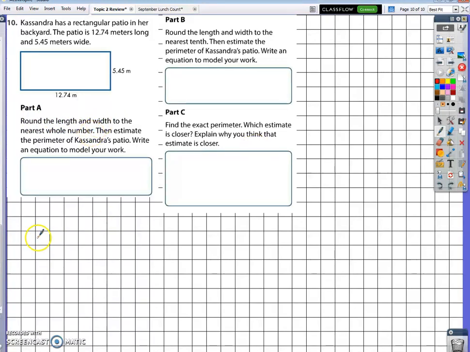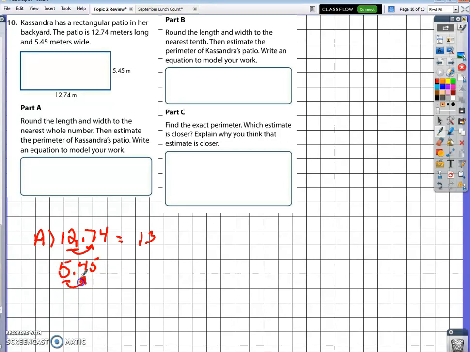So this is going to be part A, we are going to round 12.74 and 5.45 to the nearest whole number. That's the ones place. 12.74. That 7 tells me to kick that up to 13.